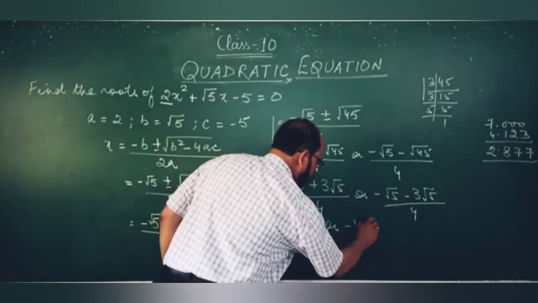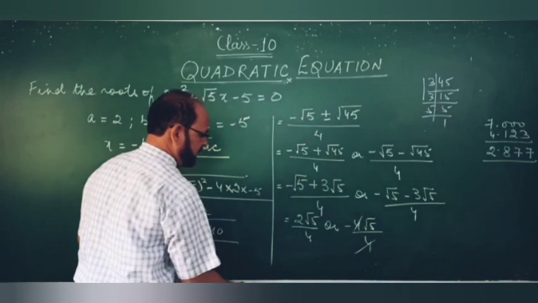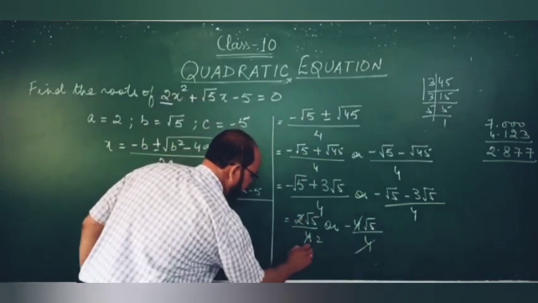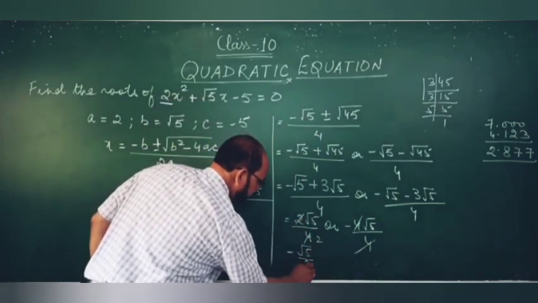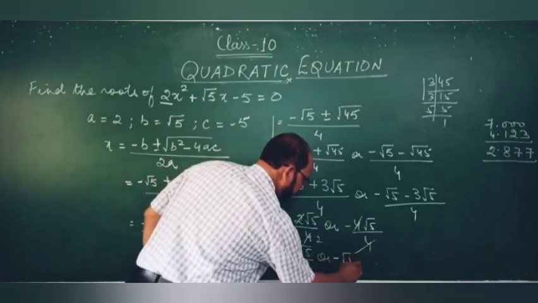It is 4 times under root 5 upon 4. With this 4 will be cancelled out. 2 2s are 4, under root 5 upon 2 or negative under root 5.